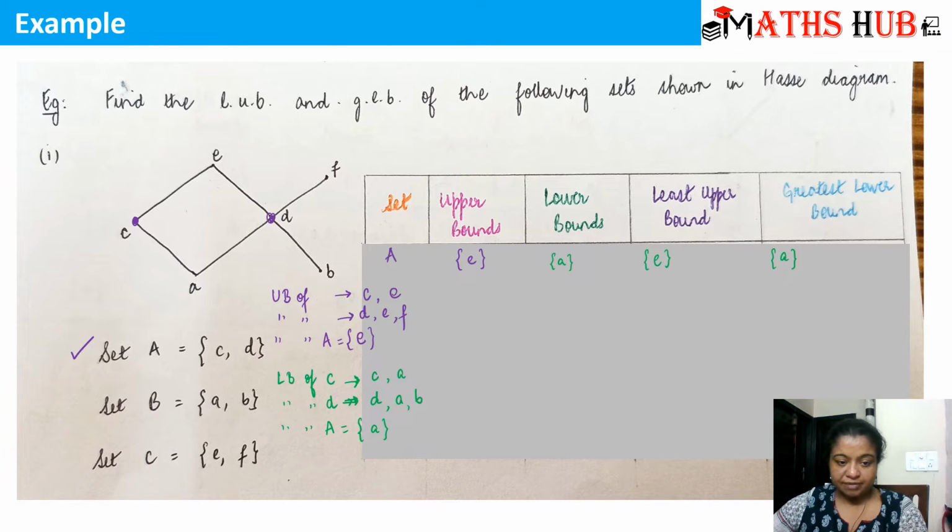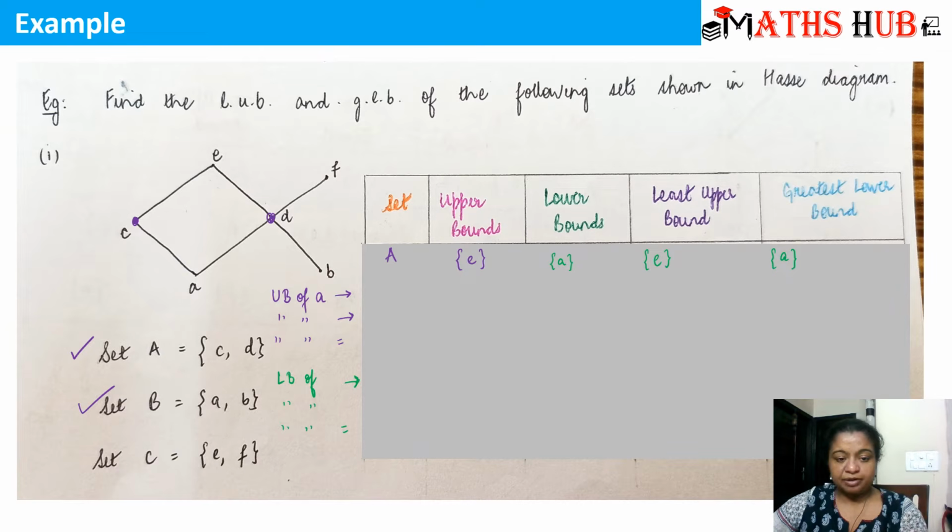So I'm just rubbing these elements from here. Okay. So let's talk about the first set, that is set B. So set B is containing A and B now.